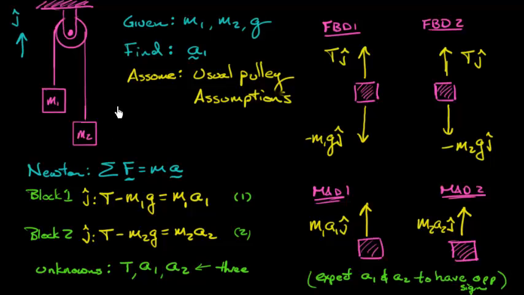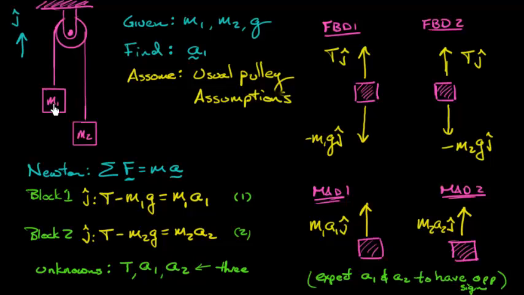Now let's say block number 1 is going up and its speed is changing, its velocity is changing. Maybe its speed is increasing at the rate of 32 centimeters per second squared. Well, then block 2 would be accelerating in the exact opposite direction at the same rate, right?